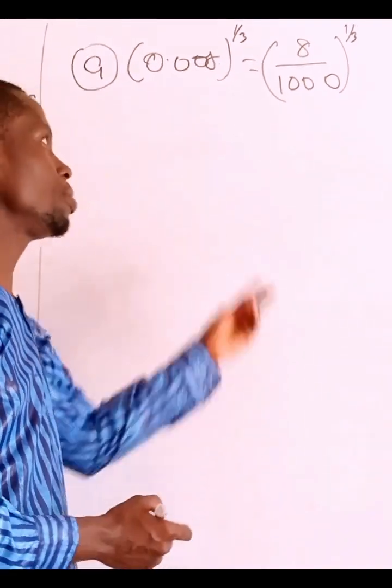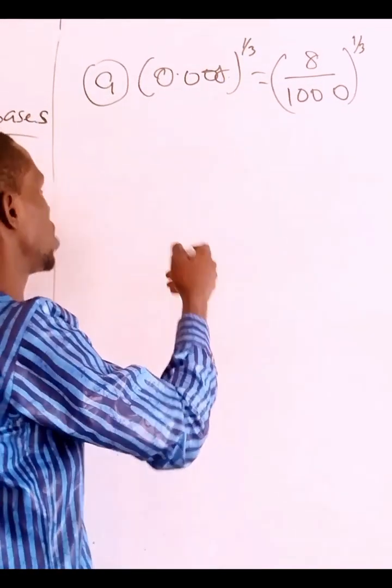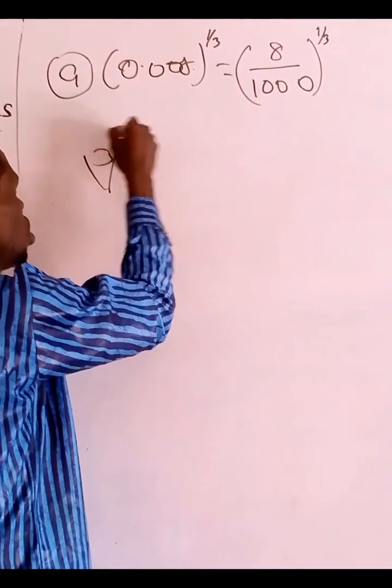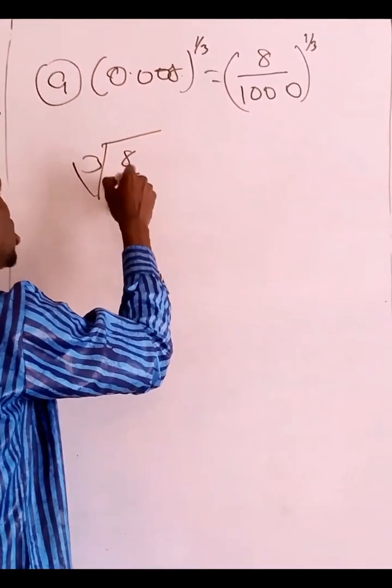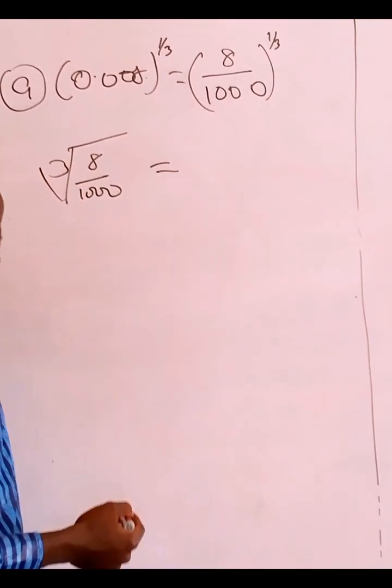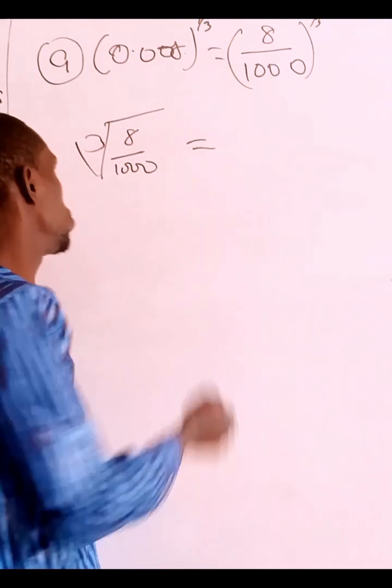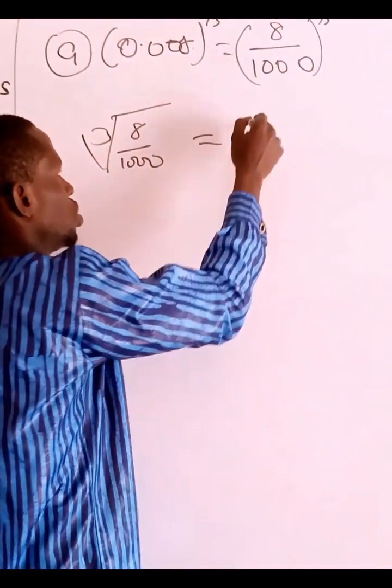Now, going by the fractional law of indices, we are going to have the cube root of 8/1000. And if we still remember vividly, the cube root of 8 is 2. That is, we multiply 2 three times.